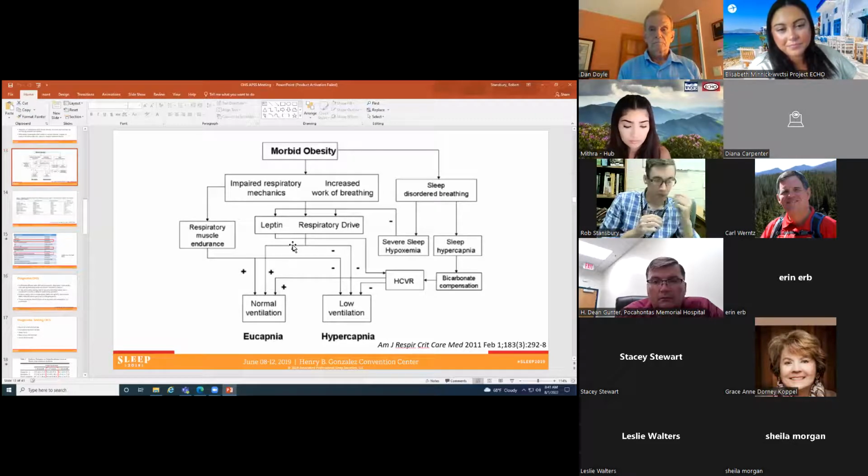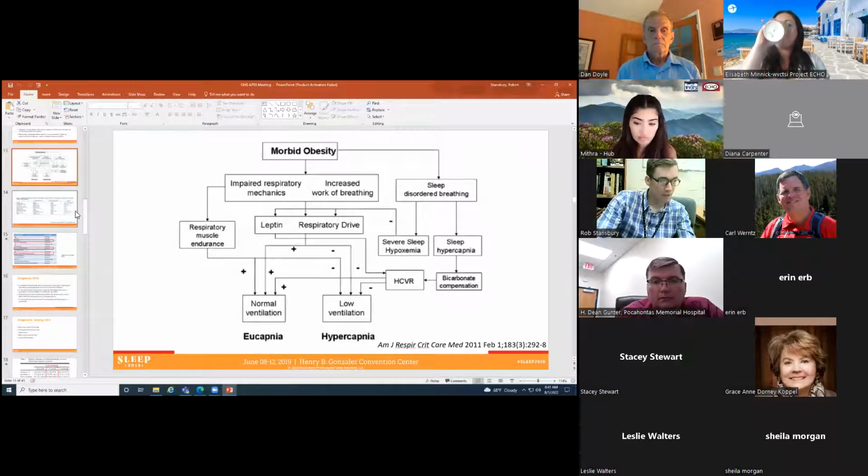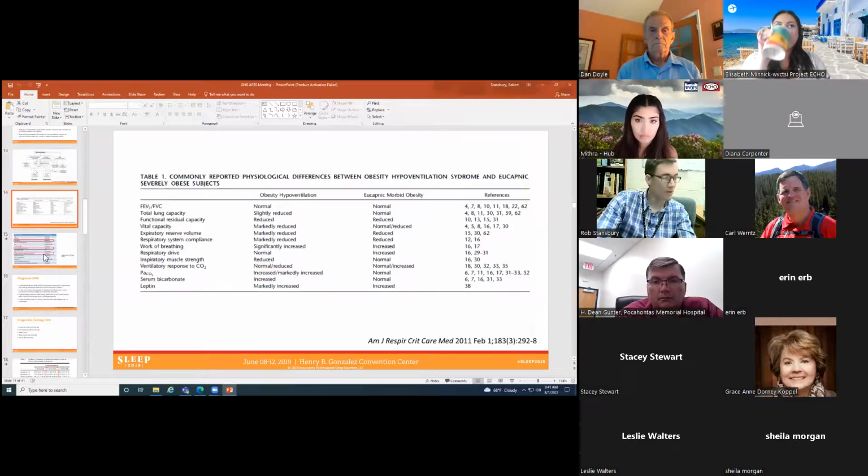One of the thoughts is that leptin, which is a satiety hormone, is actually a fairly strong respiratory drive hormone as well. In obese people, it's really elevated. And one thought is, do some people get so-called leptin resistance, like insulin resistance in diabetes, and their response to compensate for this extra CO2 isn't effective, and it falls off.